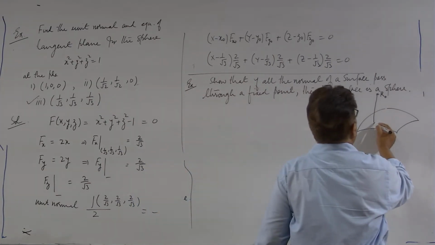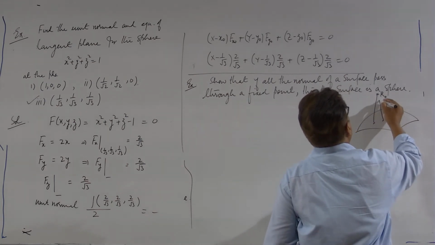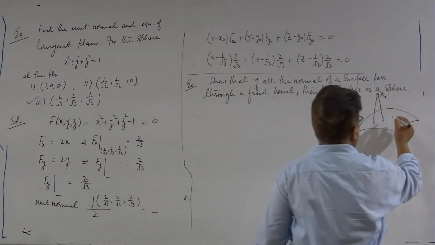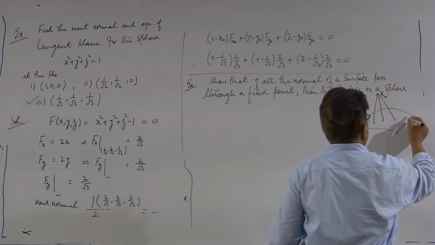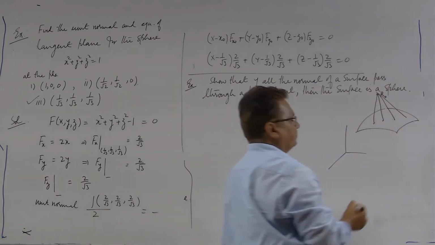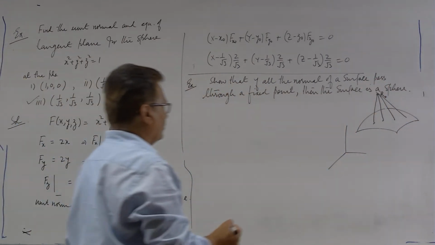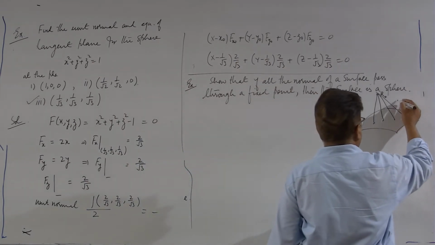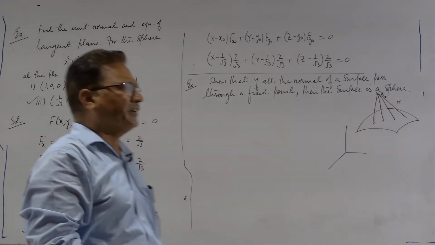If I draw a normal over here, then once again this normal passes through this point. Normal over here also passes through this point. Normal over here passes through this point. Okay. So, these are the normals. They will never look like this, but I have drawn just to show you what is happening.